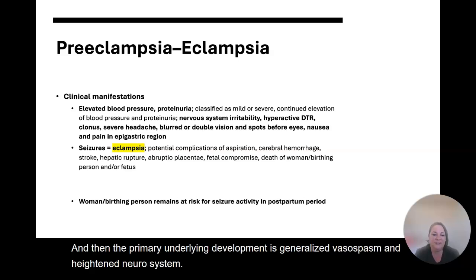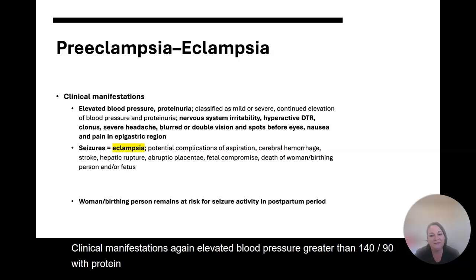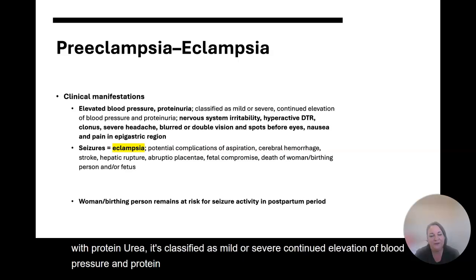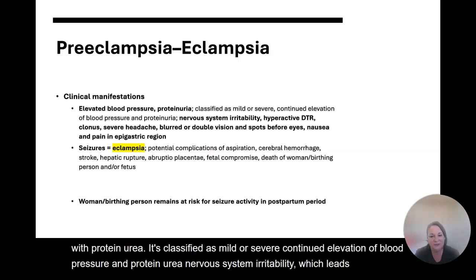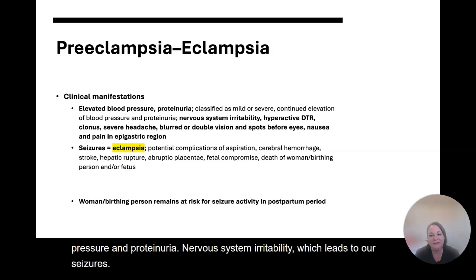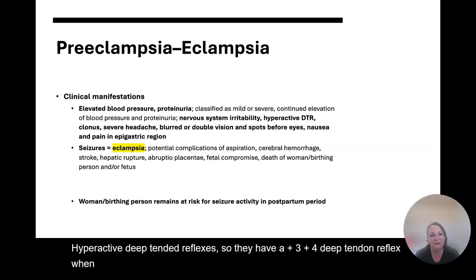Clinical manifestations, again, elevated blood pressure greater than 140 over 90 with proteinuria. It's classified as mild or severe. Continued elevation of blood pressure and proteinuria, nervous system irritability, which leads to our seizures, hyperactive deep-tendon reflexes, so they have a +3, +4 deep-tendon reflex when we check.